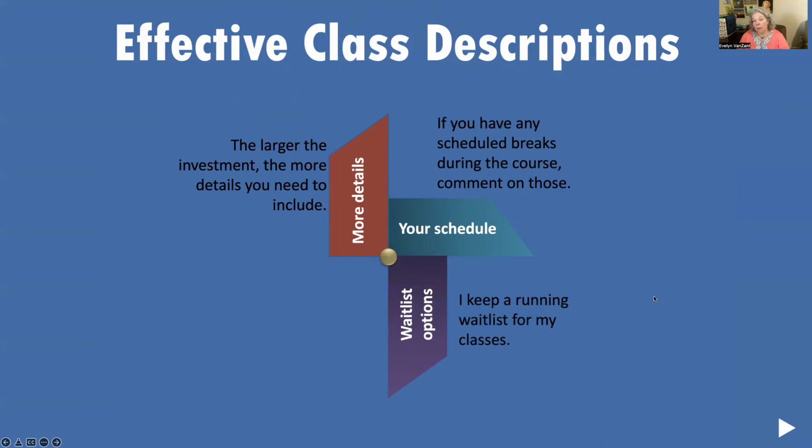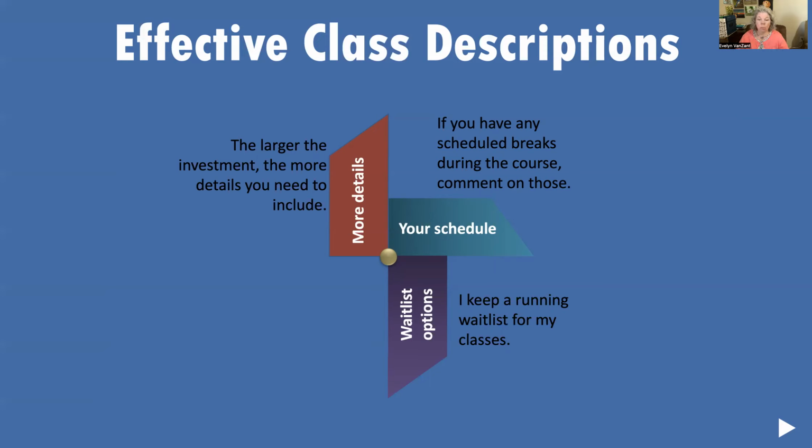Wait list options. Now, this is kind of tricky because I think it's not happened on any of my classes, but Outschool has incorporated some sort of wait list thing built in that sometimes is appearing on their testing it on some classes. And I've not had that show up in any of my classes. Need to go back and check that to make sure it's not showing up.